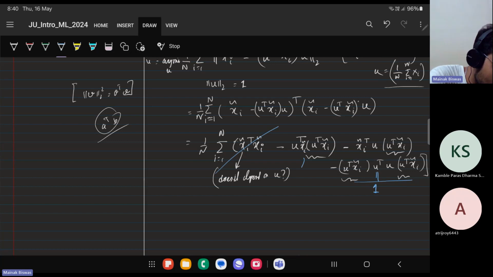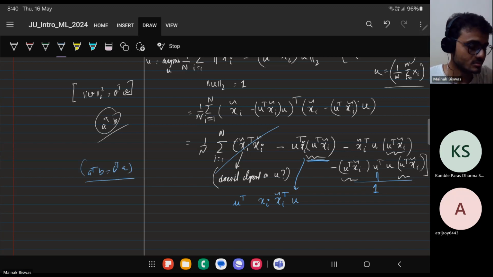Now this term, can I write this as xi tilde transpose u transpose? Since it's a scalar, A transpose B is equal to B transpose A. A dot B and B dot A are commutable. So I just change the order.